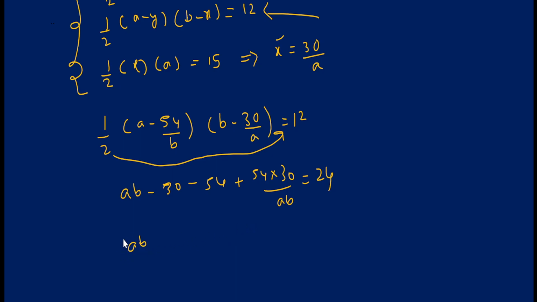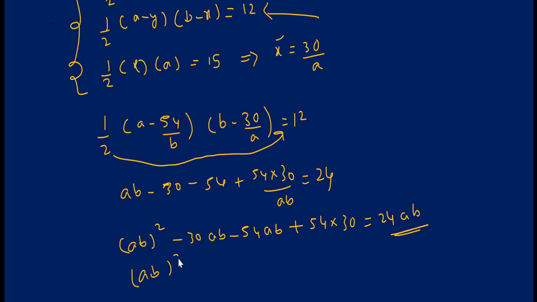Then we have AB whole square minus 30 AB minus 54 AB plus 54 into 30 is equal to 24 AB. Now let's bring this 24 AB to the LHS. Then we have AB whole square minus (30 plus 54 plus 24) AB plus 54 into 30 is equal to 0.